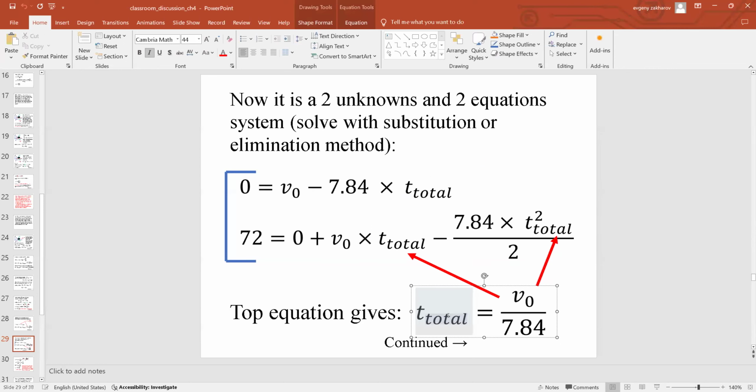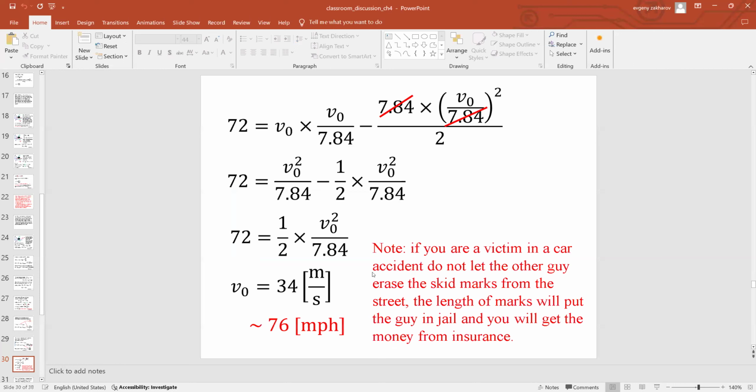So that's enough to close the system and solve for the unknowns. This is my substitution. Get rid of time, substitute the time from the second equation, and get the final solution for the initial velocity. We get 34 meters per second. It is approximately 76 miles per hour.